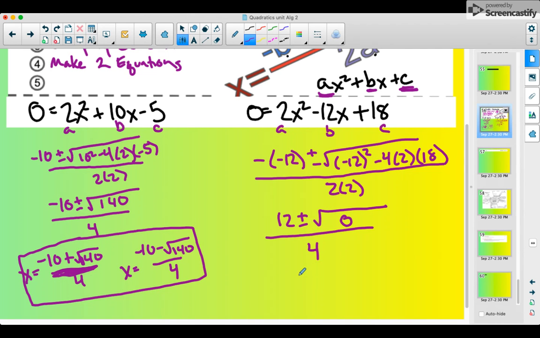So my two solutions here are actually 12 over 4, or 3, that we would use twice, because the square root of 0 is just 0, so it's 12 plus 0, 12 minus 0 over 4. That's where that comes from.